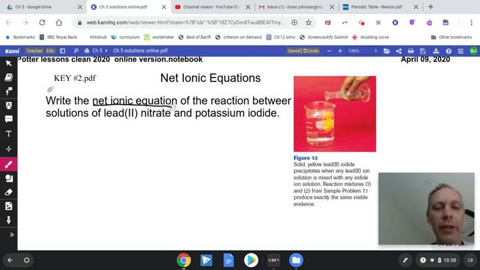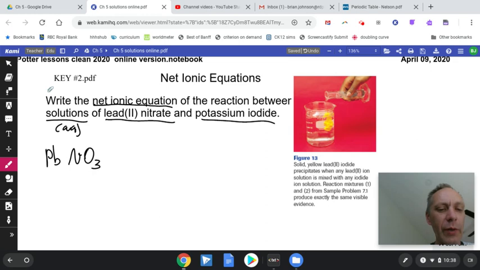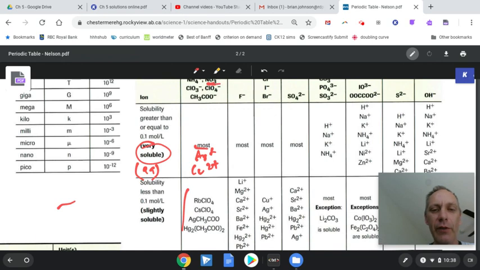Write the net ionic equation for the reaction between solutions, so that means in water, lead 2 nitrate with potassium iodide. Lead 2 plus, nitrate NO3 1 minus, so I'll need 2 of those. And just to confirm solubility on the lead nitrate, so there's my nitrate. Lead is not here, so Pb2 plus is up here in the most.